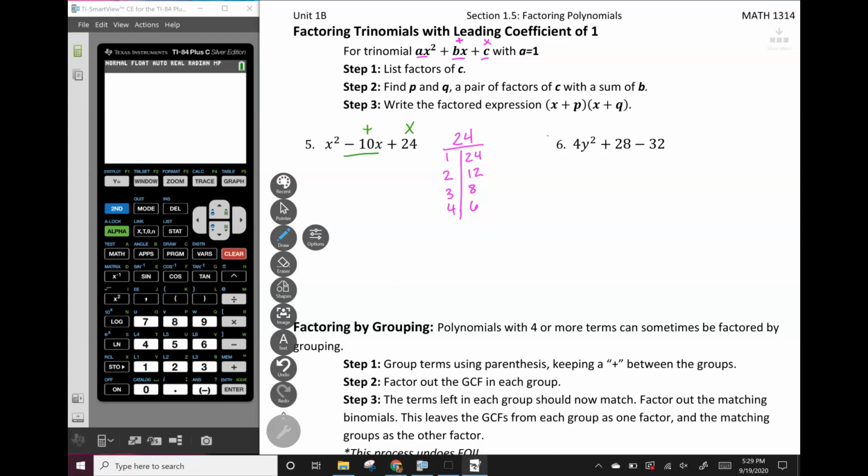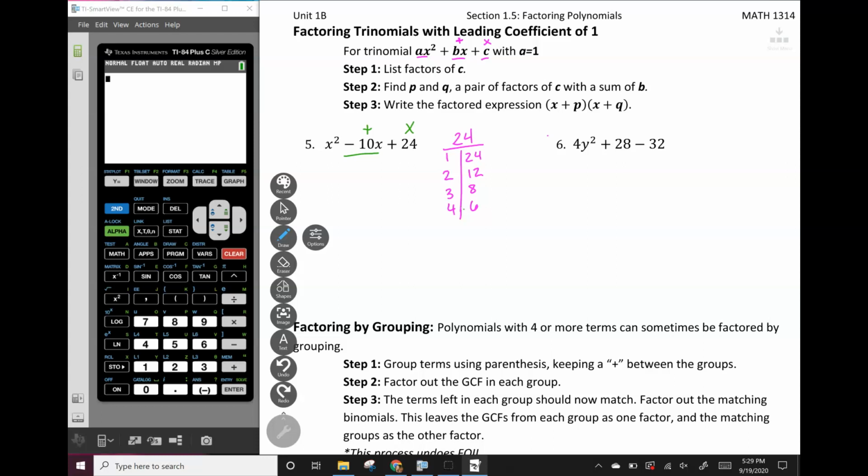And then they need to add to give us -10. Okay, so I'm seeing 4 and 6. If you do 2 and 10, then one has to be negative and one positive. But they need to multiply to give you a positive 24, and that right there would give you a negative 24. So we don't want to use that one.